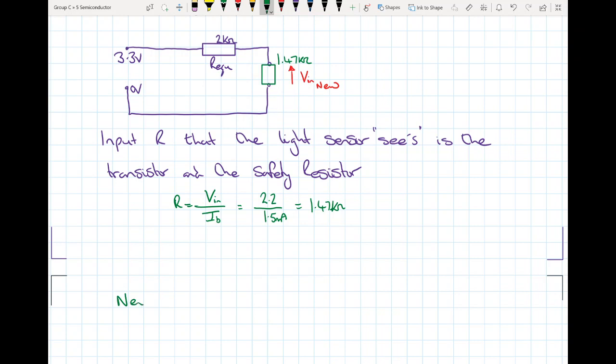So the new Vin, the voltage of our load, is 1.47 kilo ohms over 2k plus the 1.47 kilo ohms times our 3.3 volts. If we're just using the quick ratio method, of course you can do it the long-handed way if you prefer, but the long and short of it is, if you do that, then all we've actually got is 1.4 volts.